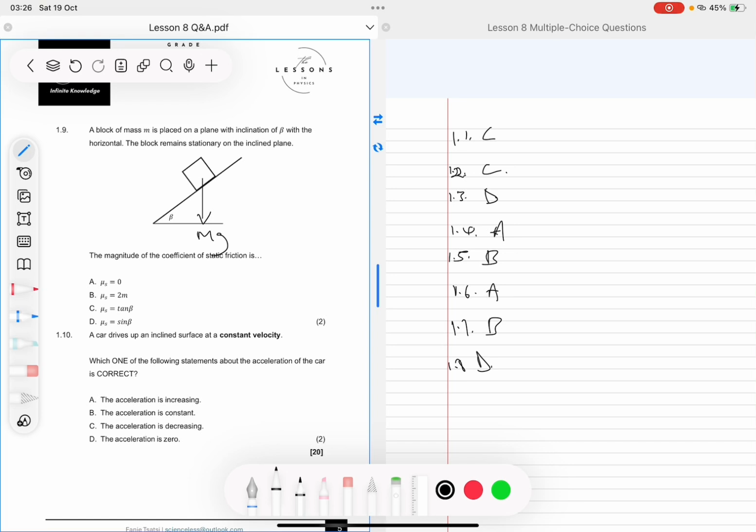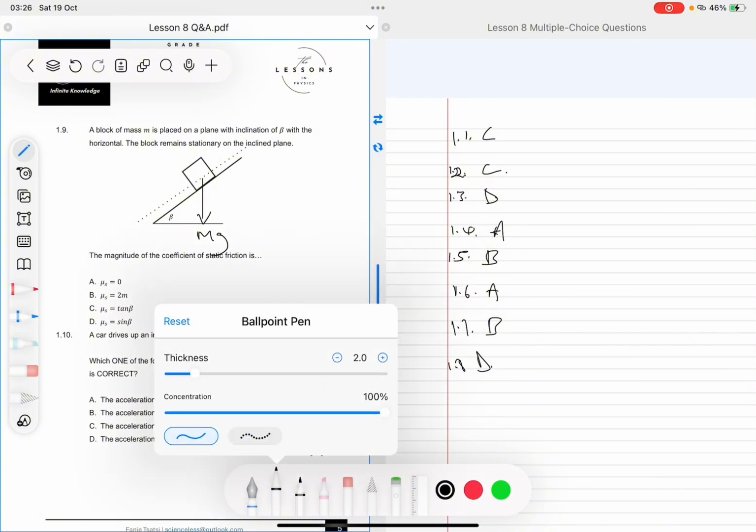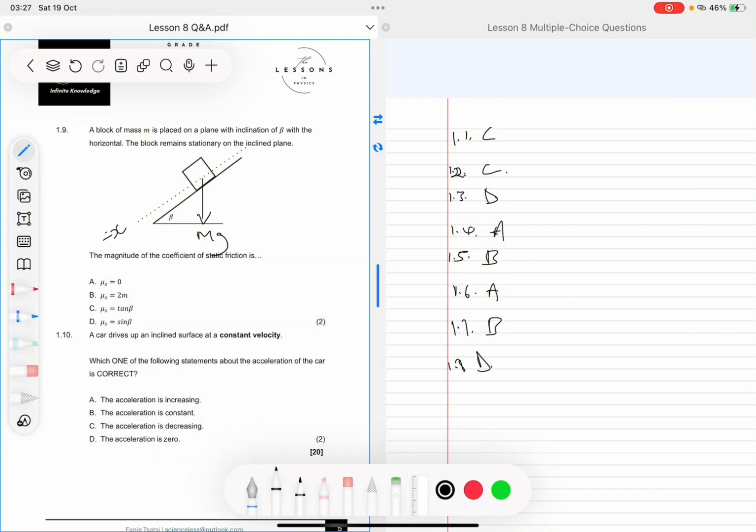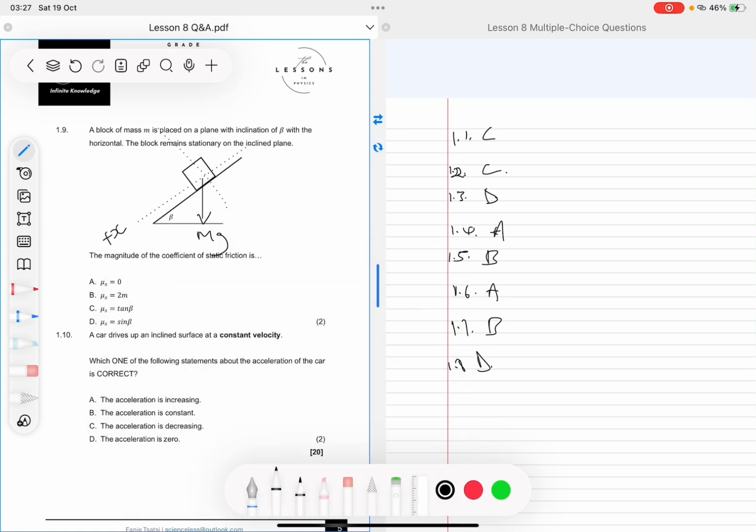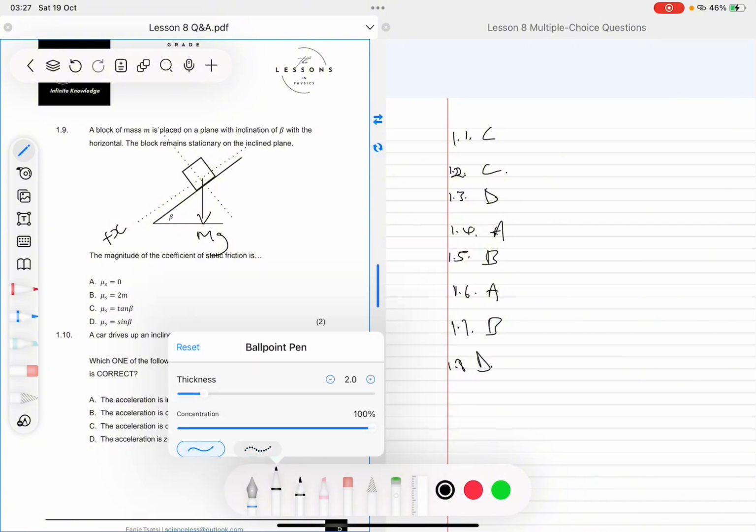Now, because this force is between the x component and the y component, remember that this horizontal part here is our x-axis. I'll choose it as positive x, and this part here is actually our y-axis, right?